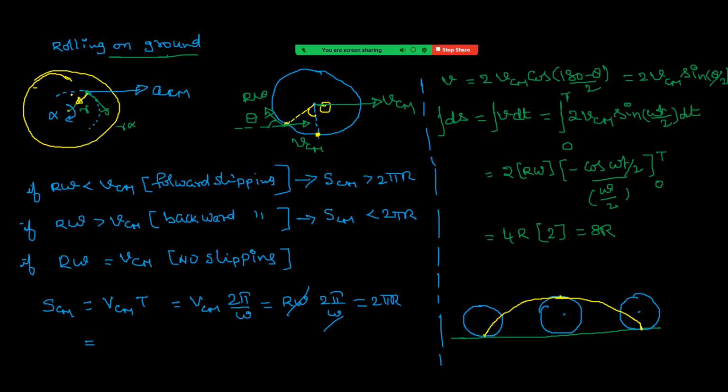That is, we can say R omega square or it is V square by R. So you can see here ACM because of translation, R alpha along the tangent, R omega square, or V square by R, towards the center.